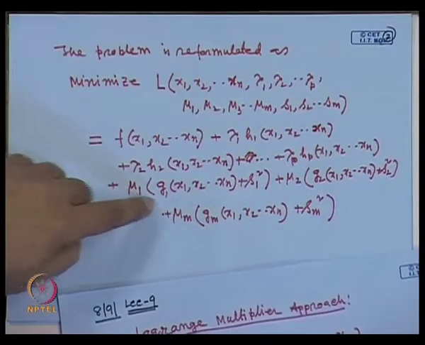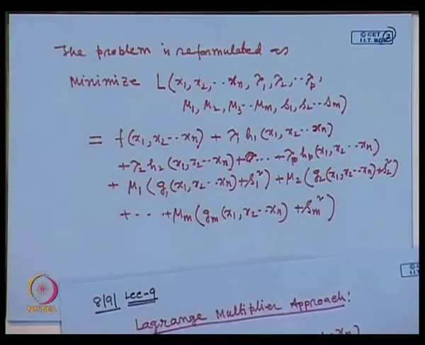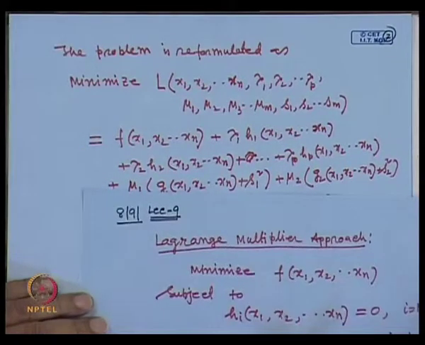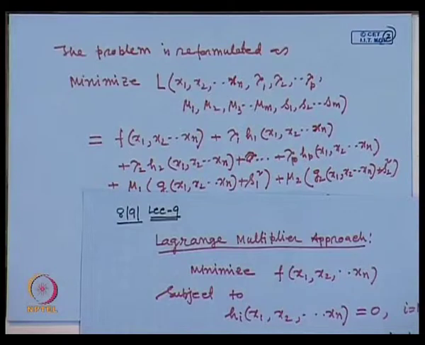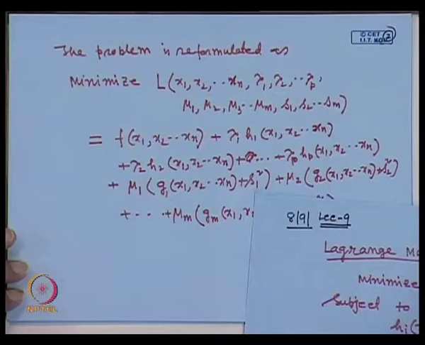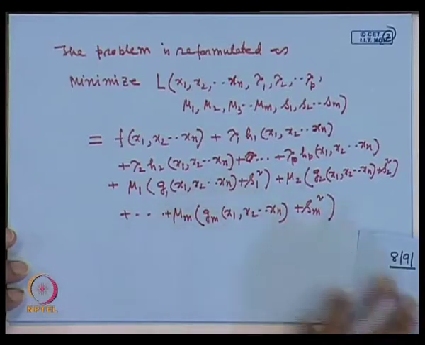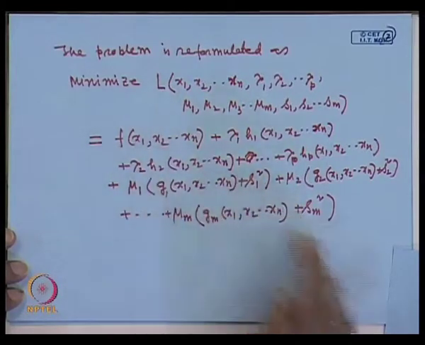When it reaches the optimum conditions, it must satisfy our conditions. When it reaches the optimum value of these functions, it must satisfy our equality and inequality constraints.